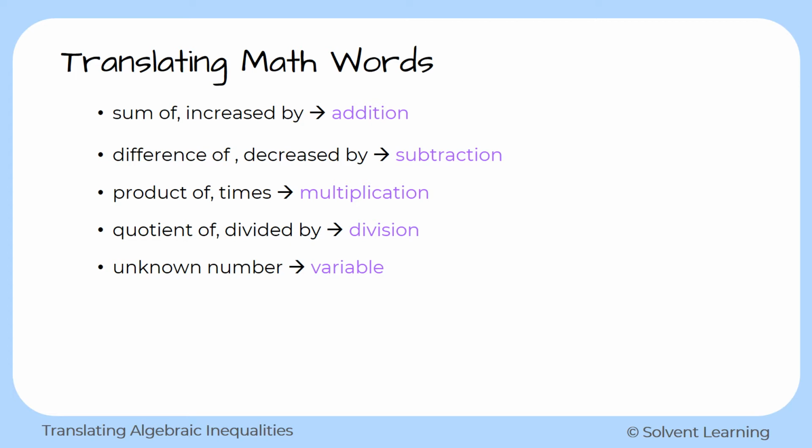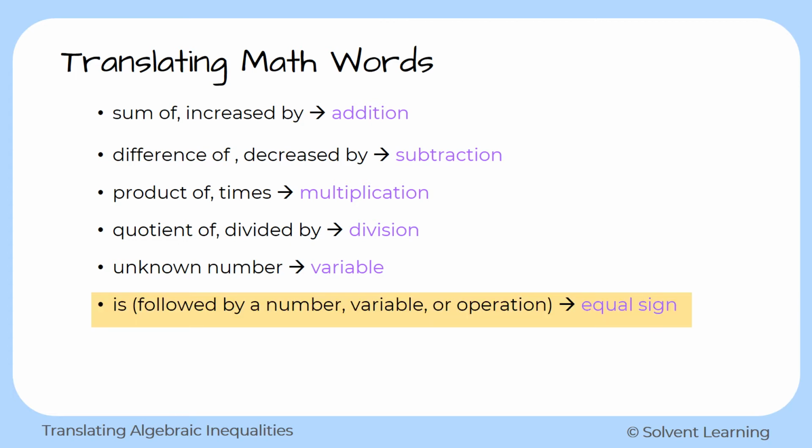And then we can also have unknown numbers in these problems. And when we don't know what the number is, we can just represent it with a variable. Now, something that's new that we're going to see in this lesson is different ways that the word is is used. We're used to seeing is being translated into an equal sign. But as we're going to learn today, it only becomes an equal sign in certain situations.